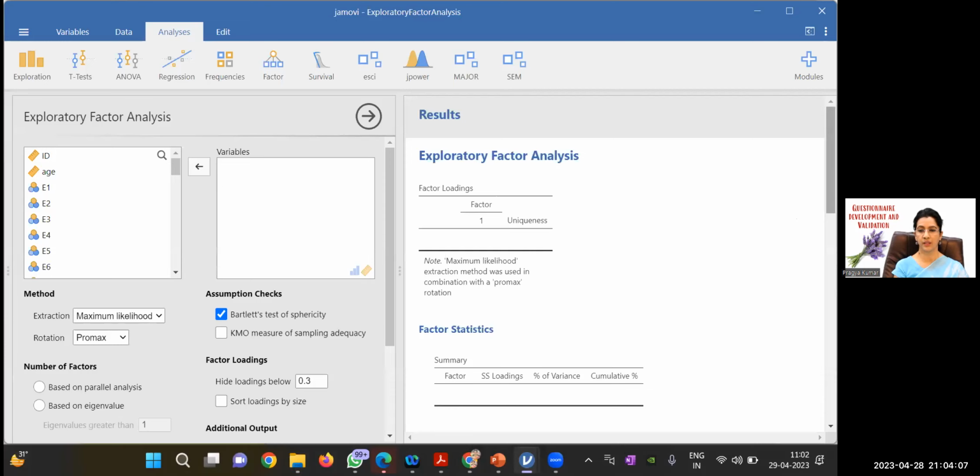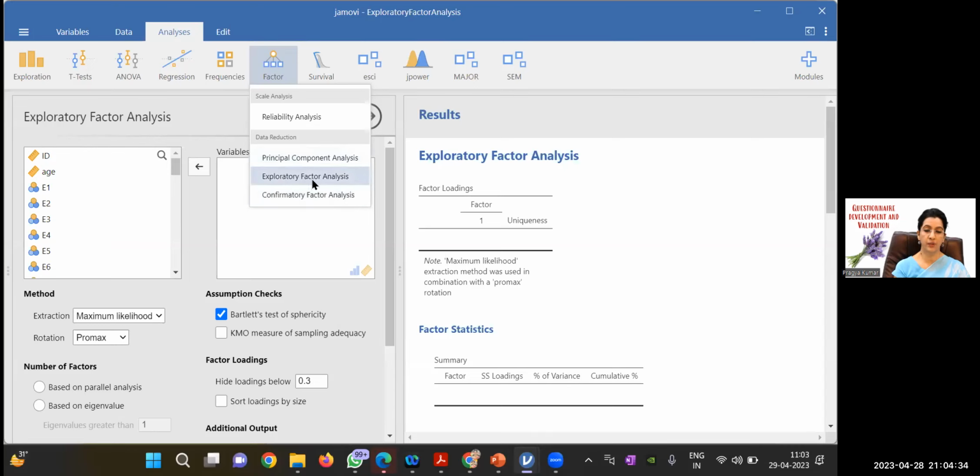This is the data sheet you can see here. Just for the demo, I am again using that Big Five personality data. You can see these were the options in analysis, and I'll go to Factor. There is a principal component analysis, an exploratory factor analysis, and a confirmatory factor analysis.